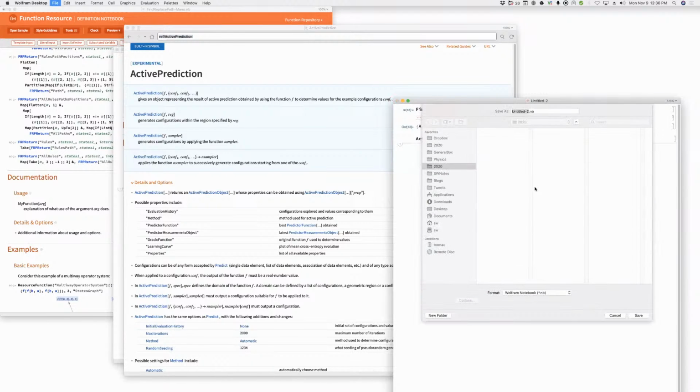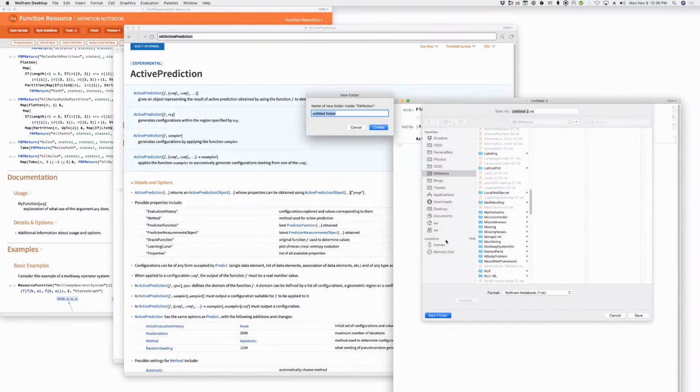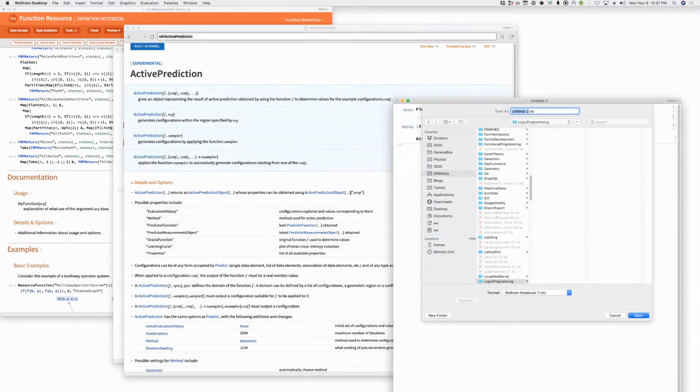Let me just save this away in some appropriate place. Let's see if we have stuff from like millions of years ago. Oh wow, we have a thing called logic programming here. Let's just take a look at that.